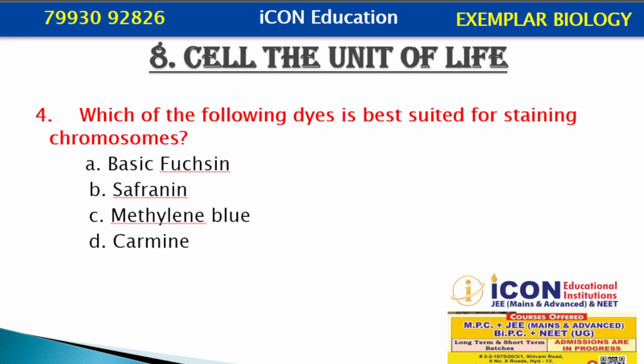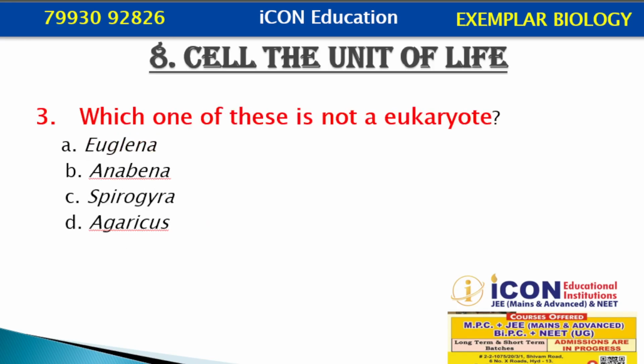Now question number 3. Which one of these is not a eukaryote? Okay, not a eukaryote. You know, Euglena comes under Protista, Spirogyra comes under algae, and Agaricus comes under fungi.